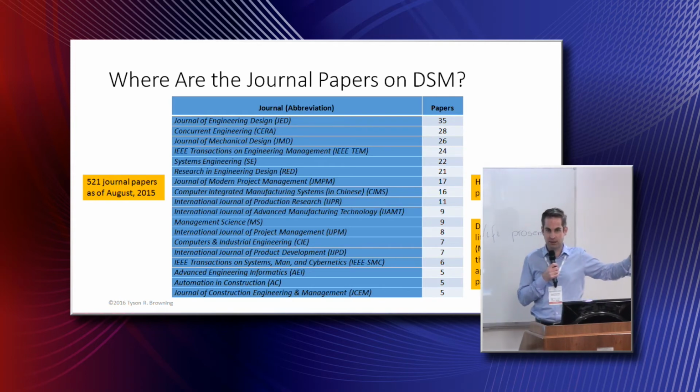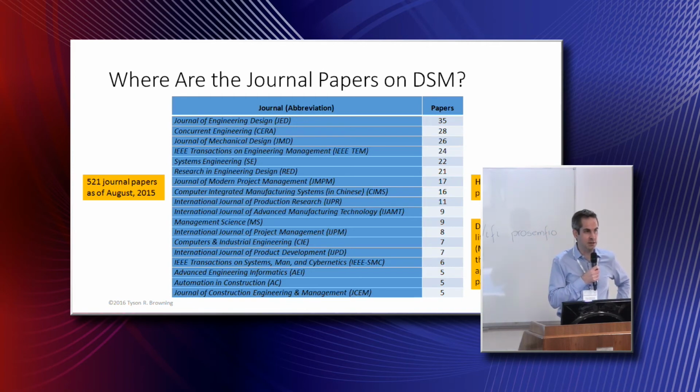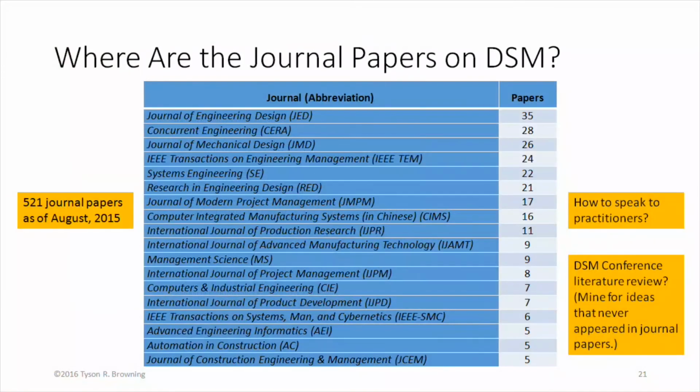So it's not like the survey I did is completely ignoring what we do in the DSM conference. But unfortunately, there's a number of DSM conference papers and presentations over the years that never went further than that because their authors just didn't want to take the time, I guess, to try to get it published in a journal. So there's some interesting stuff back there in these 18 years of DSM conferences.